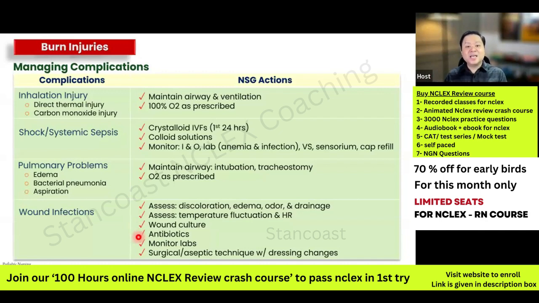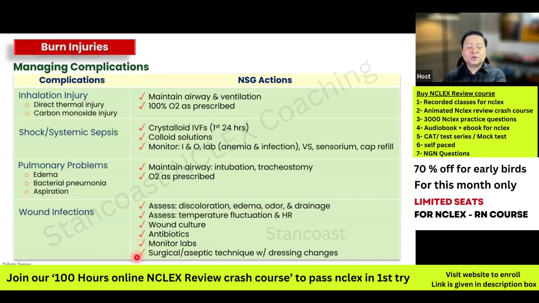So there might be a need for the physician to change the name of the antibiotic or the classification of the antibiotic when the results of the wound culture or the blood culture come back. And here we definitely need to make sure that we are monitoring the patient's laboratory results, complete blood count, white blood cell count, hemoglobin, and check for any results in the blood culture or wound culture.